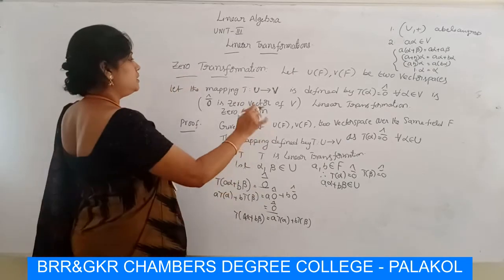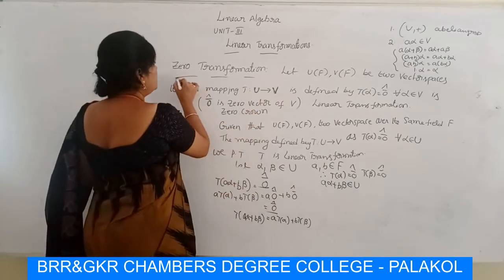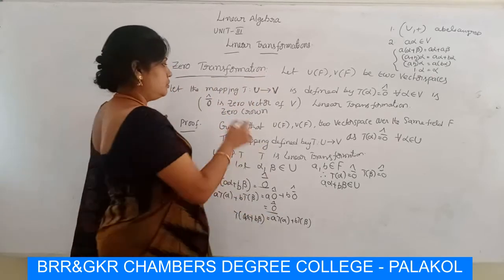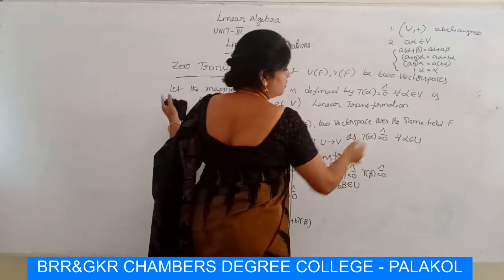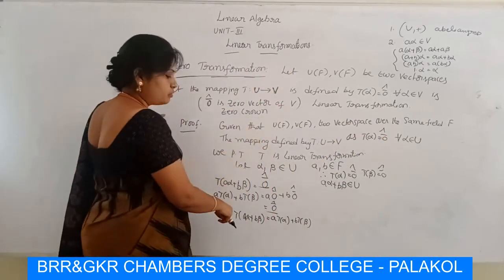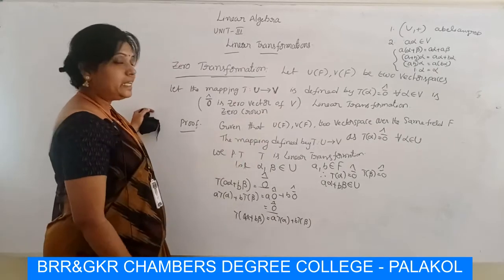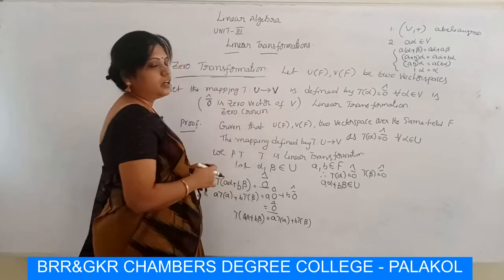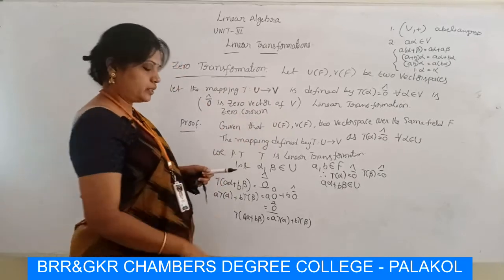So this type of transformation is called zero transformation. So the mapping T defined by T of alpha is equal to 0 crown is a linear transformation. We have proved that T is a linear transformation. So this type of transformation is called zero transformation.